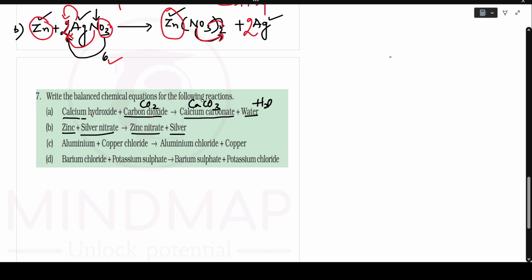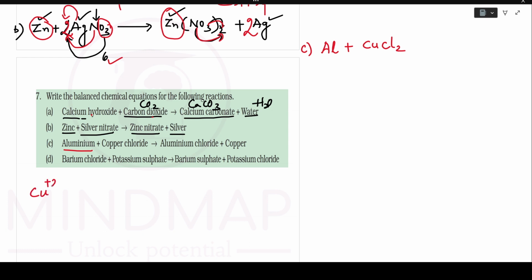That is C. C is aluminium. The symbol of aluminium is Al, plus the next is copper chloride. You know copper chloride. Copper is Cu2+, chlorine is Cl minus, so 2 has come, 1 has gone there, so CuCl2, copper chloride. And what it gives?